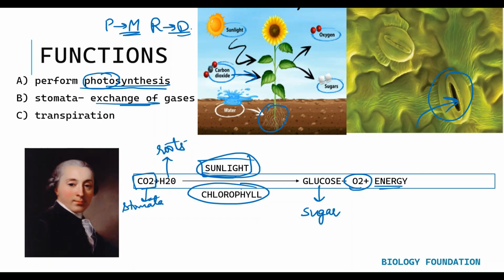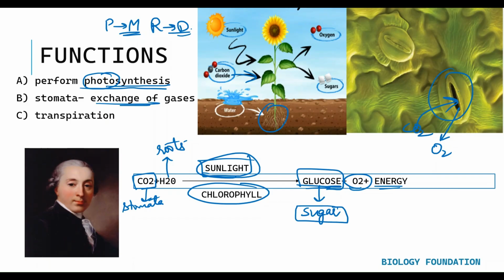Chlorophyll is present inside the leaves, and the plant converts it into glucose, a type of sugar, and it gives out oxygen. So during photosynthesis, plants take in carbon dioxide and give out oxygen. And during this process, a sugar is being synthesized, which is known as glucose.